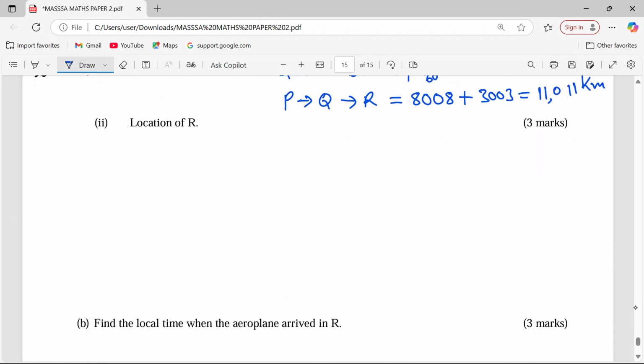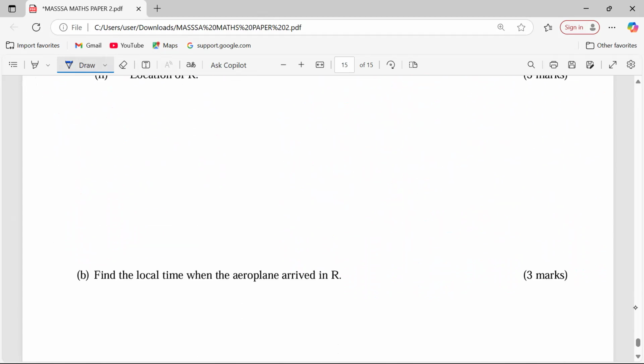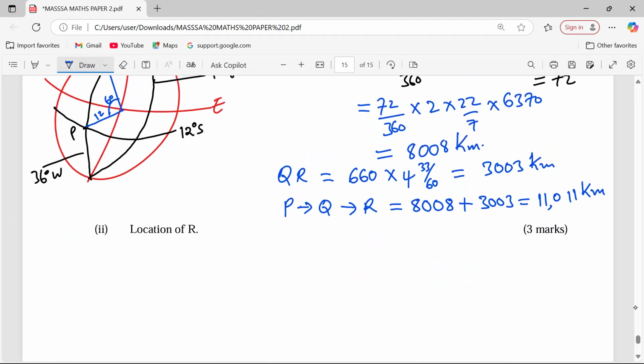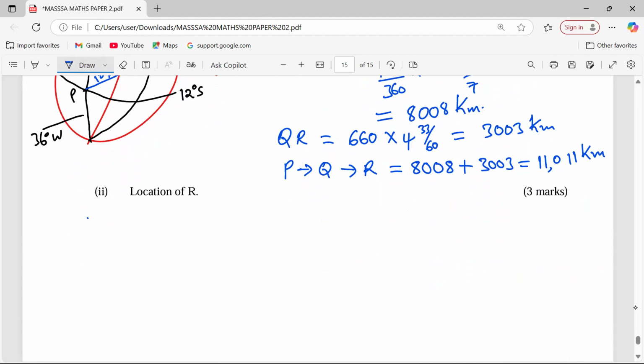Look at Roman 3, the location of R. We know that from Q to R we are having a distance of 3,003. Now, this distance is along a small circle, a circle of latitude, which is a small circle.